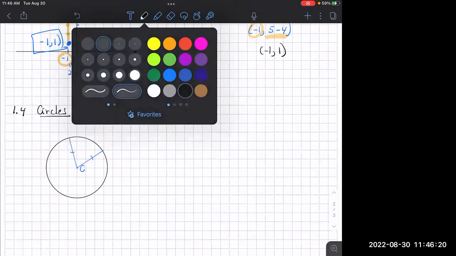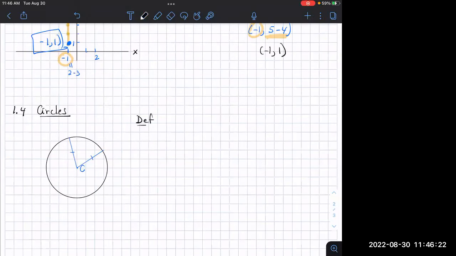The circle is the set of all points, so this is two-dimensional in the XY plane, that are equidistant.